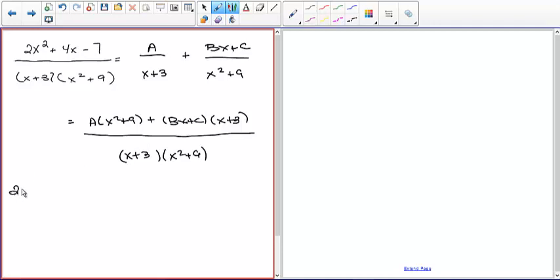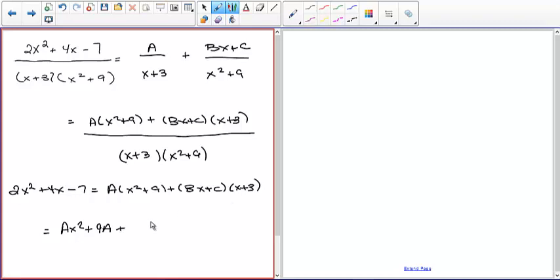So what I have is 2x squared plus 4x minus 7 is equal to A times x squared plus 9, plus Bx plus C times x plus 3. So we multiply out the right-hand side. We'll get Ax squared plus 9A from here.